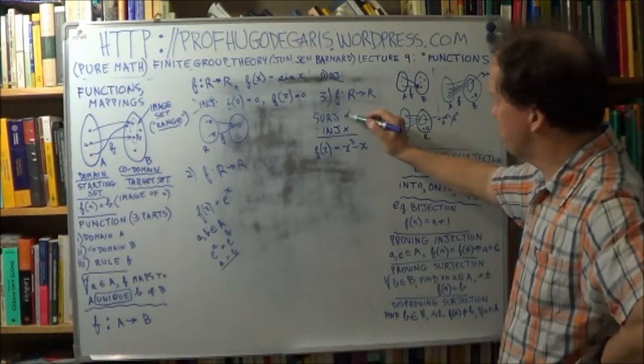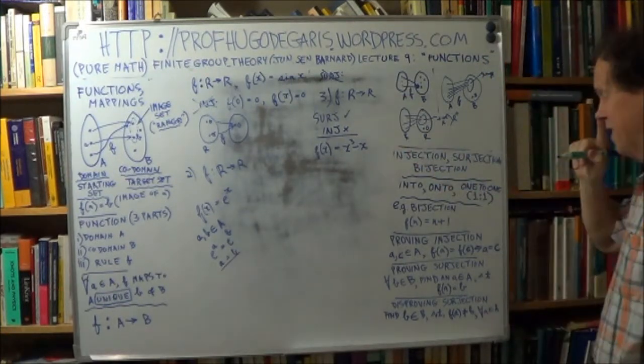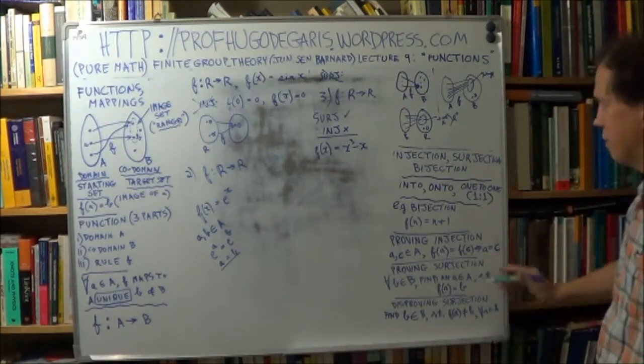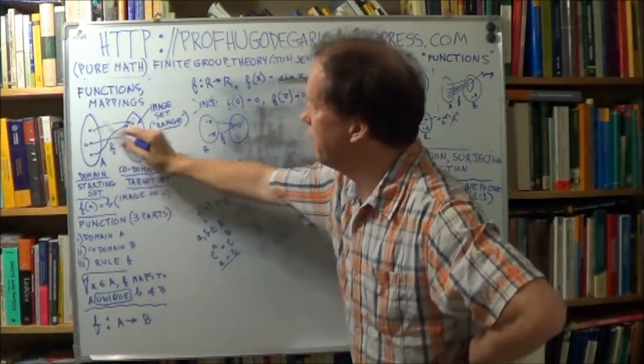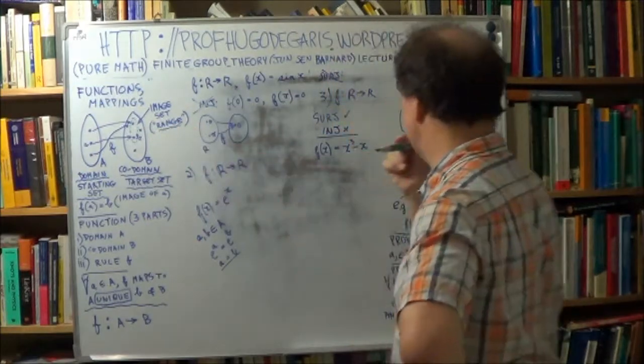to prove a surjection, that means for each element in B, you have to find an A that maps to it, or at least one. Right?